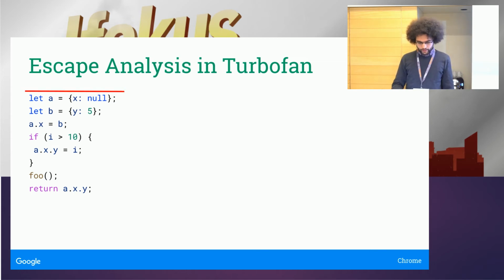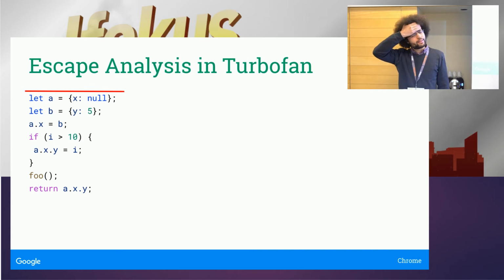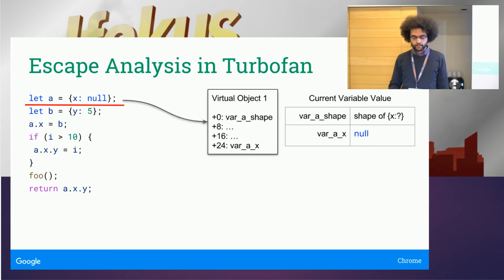Okay, so for escape analysis, we need to keep track of all the objects which we want to escape analyze away, and we need to keep track of their fields. Keeping track of their fields means mapping them to local variables. When we see an object allocation, we allocate some kind of virtual object, which is for the compiler a global representation of the shape of the object, its offsets, and its fields.